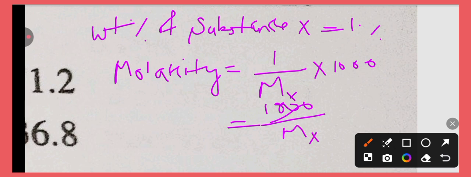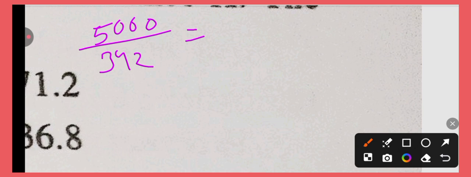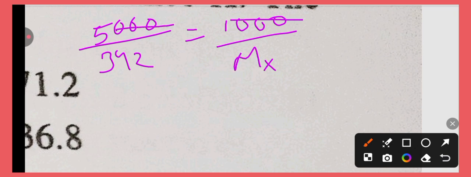Next step, set up the molarities equal, since the solution is isotonic. Here the isotonic solution is given, that's why the molarity of the cane sugar will be equal to the molarity of substance X. Molarity of cane sugar, we evaluated that 5000 divided by 342 is equal to molarity of substance X, that is 1000 divided by molecular mass of X. Here 1000 cancels out.